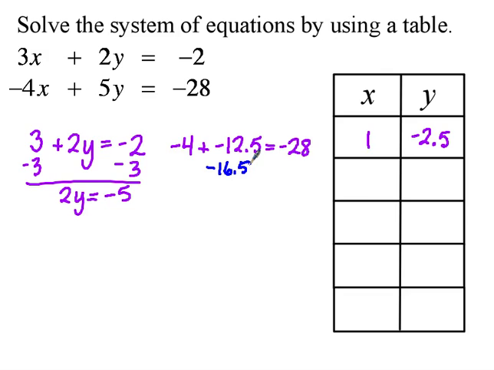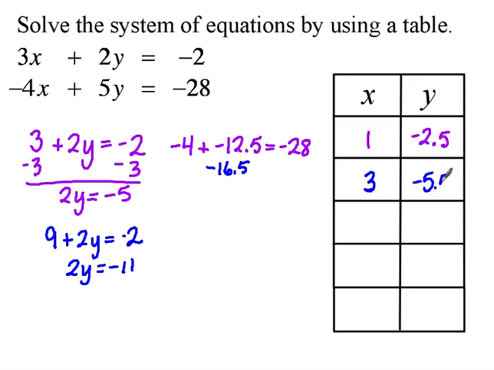So instead of x being 1, what do we want to try x as? 3? You want to try 3? So if x is 3, let's plug it into the top equation. Plug 3 in up here. What do I get? 9 plus 2y equals negative 2. Subtract 9, so you get 2y to equal what? Negative 11. So what does y equal?